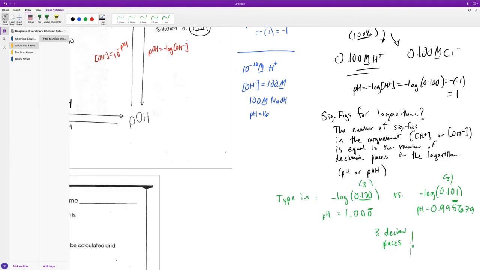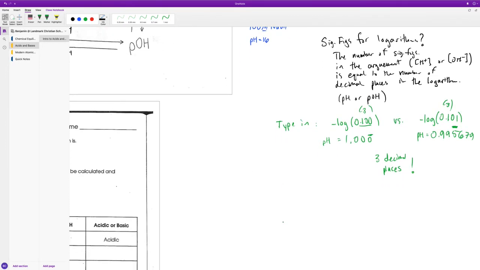Okay, and let's just do one more to illustrate that. One more example. Let's have a negative log of 0.59 versus negative log of 0.58.